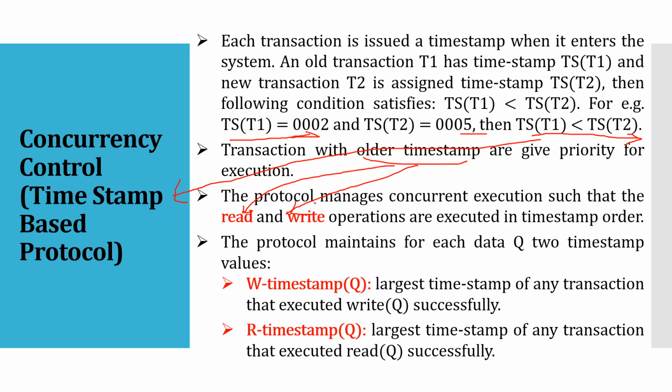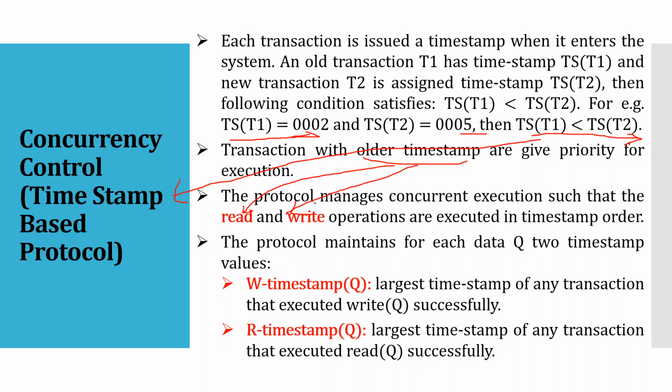Right, so the timestamp protocol mainly contains two types of timestamp values, either the read timestamp or the write timestamp. The write timestamp is the largest timestamp provided by the lock manager to a transaction to write a particular data item.